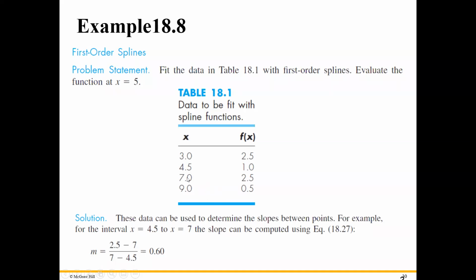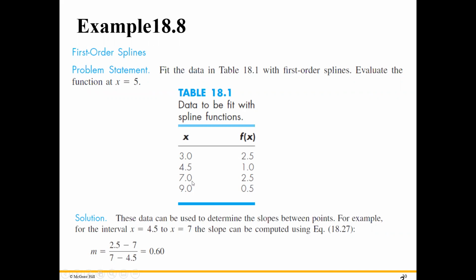For that linear relationship, the slope is (2.5 minus 1) divided by (7 minus 4.5). There is a typing error over here, but it is 2.5 minus 1 divided by 7 minus 4.5. So 2.5 minus 1 is 1.5, and 7 minus 4.5 is 2.5. 1.5 over 2.5 is equal to 0.6. So the slope is 0.6.